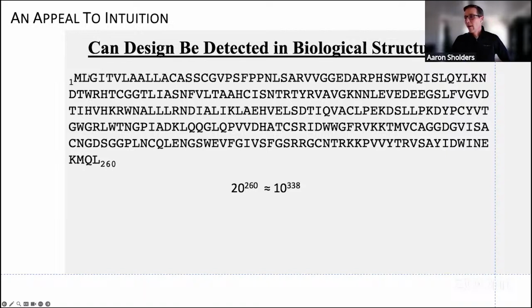We have again a 1 in 20 chance of L, leucine, being the second amino acid, all the way to 260 characters. To just get ML, it would be 20 raised to the second. To get all of these, it would be 20 raised to the 260th, meaning there are about 10 raised to the 338 power ways to arrange 20 amino acids in a protein that is 260 amino acids long. Super big number, right?